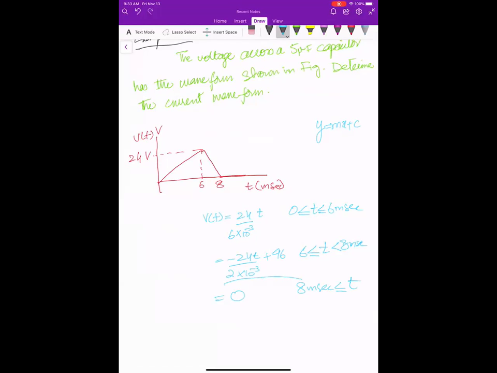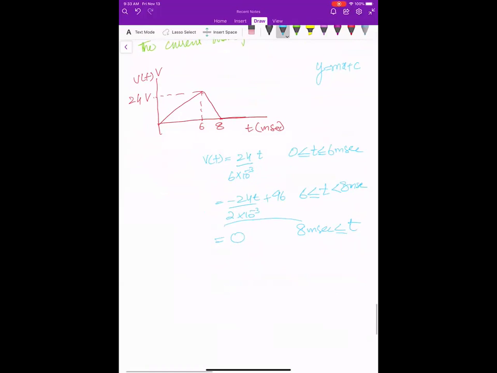So we need to find out I of t. As we know, I of t is C dv by dt. So for each interval, we will find our I of t. For the first interval, our I of t is 5 into 10 to the power minus 6, because we are given C as 5 microfarad.